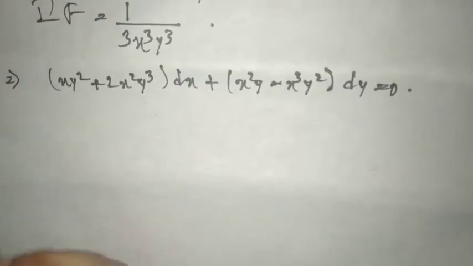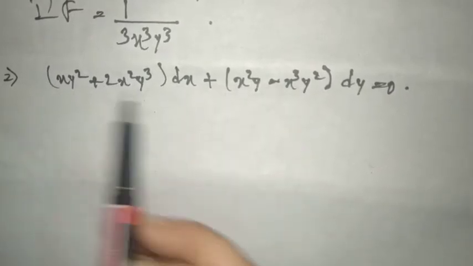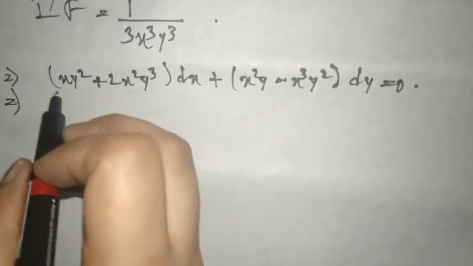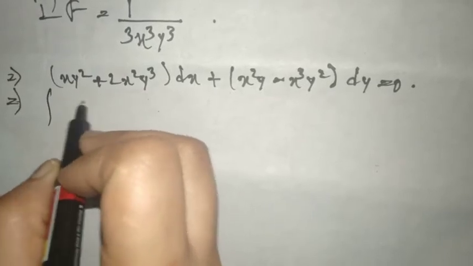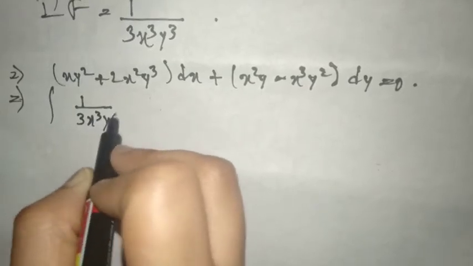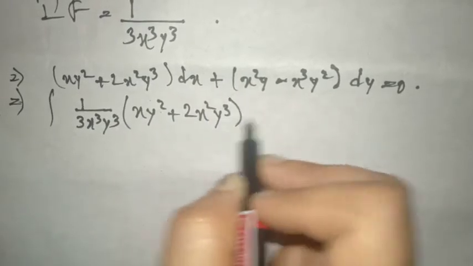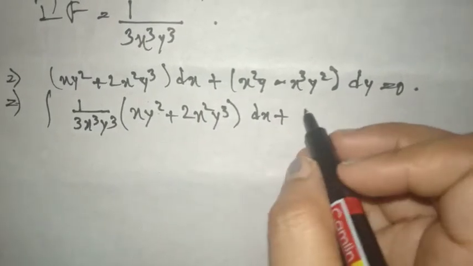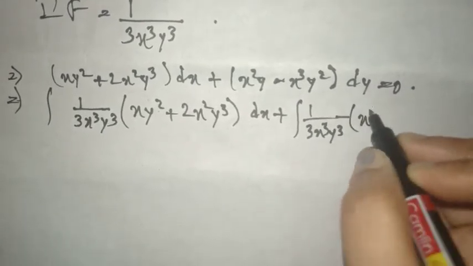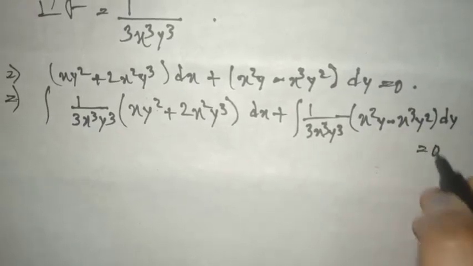Now we will multiply this integrating factor to the LHS of this equation. After multiplying we will integrate to find the solution. So let me directly integrate it. On multiplying, this is integration of 1 by 3x cube y cube into (xy square plus 2x square y cube) dx plus integration of 1 by 3x cube y cube into (x square y minus x cube y square) dy is equals to 0.